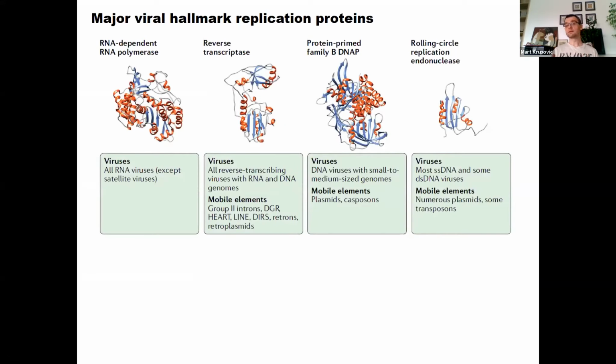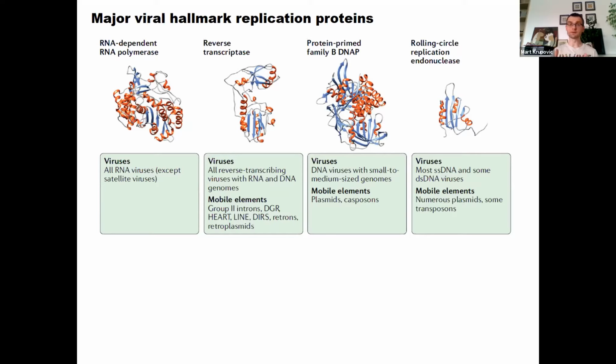Comparison of viral genomes from across the virosphere revealed the presence of several replication enzymes, which are widespread in otherwise unrelated viruses infecting hosts in all three domains of life.